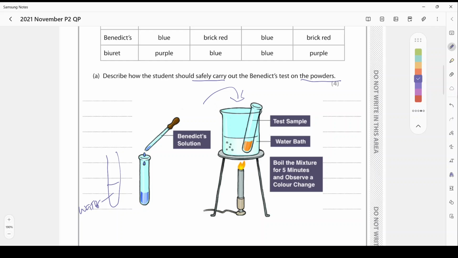Okay, let's remove the annotations and this diagram here.